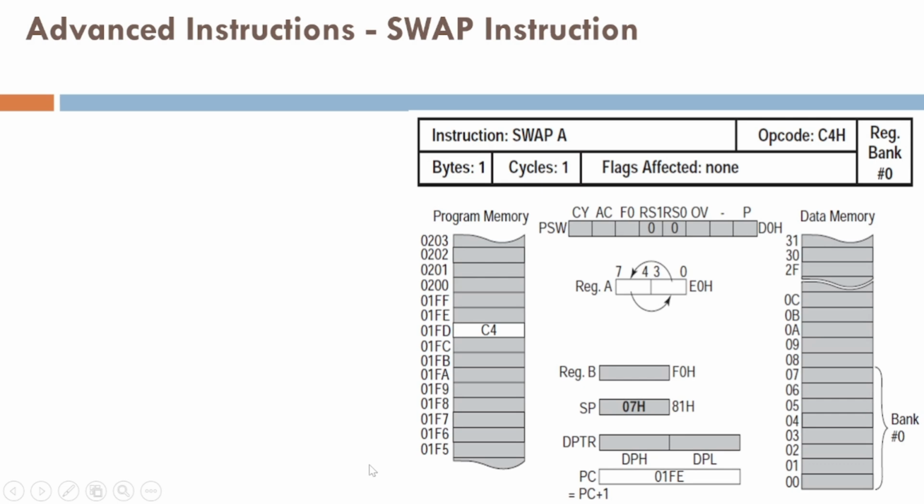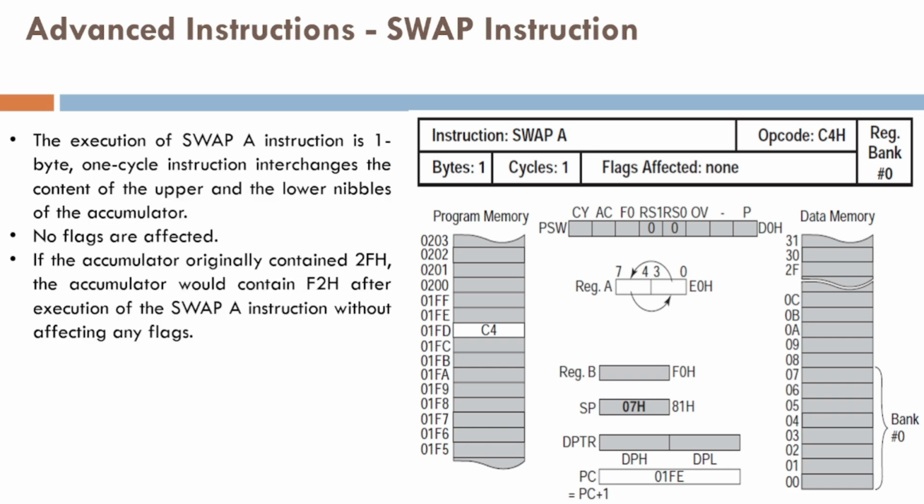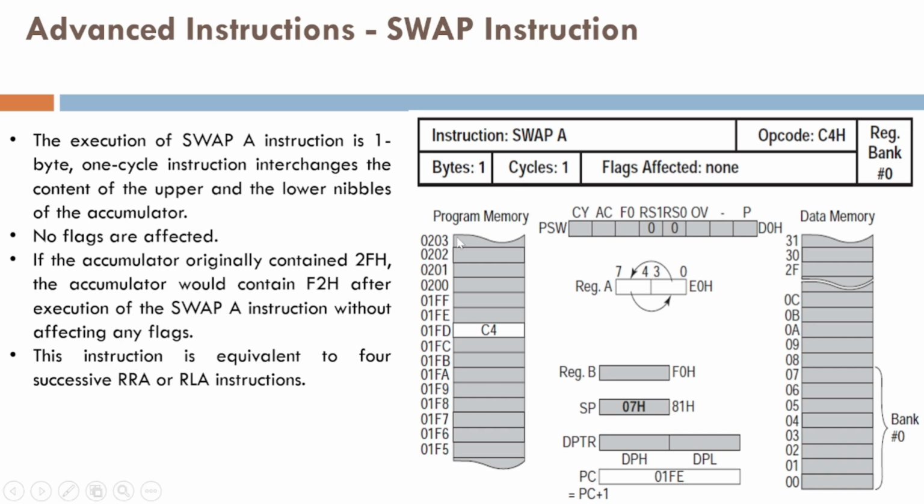Now let's talk about the swap instructions. SWAP A is again a 1-byte instruction, and it takes exactly one cycle to interchange the content of the upper and the lower nibble of the accumulator. The accumulator is an 8-bit register.